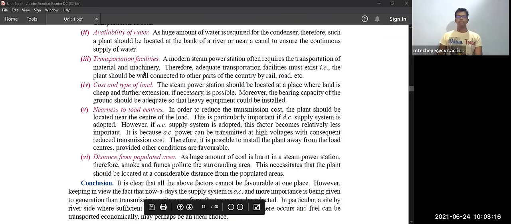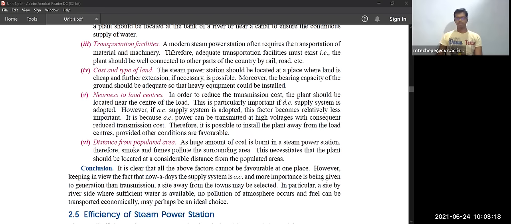So next is transportation facility. A modern steam power plant often requires the transportation of material and machinery. Machinery transportation is very important, because that machinery will be imported from foreign countries, generators and all.